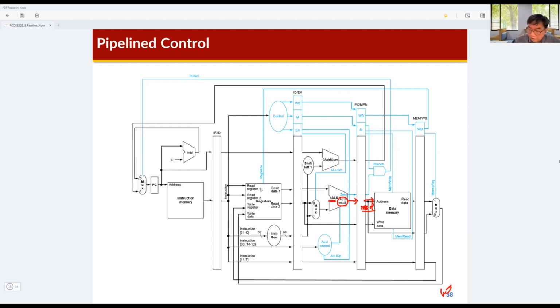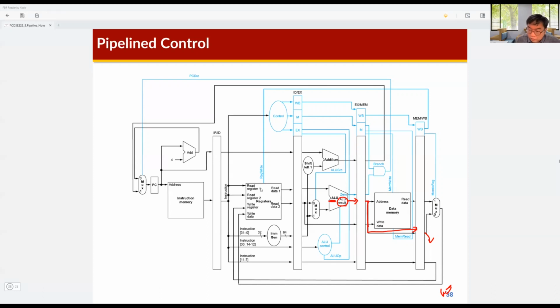Okay, and then how about this path? If you see this path, you can find that the result of the ALU is also propagated to the write back stage through the memory write back pipeline register.